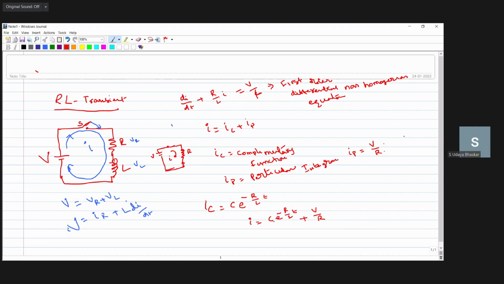To find this equation, here we know R, we know L, and time is the time instant. But we don't know C, the constant value. To find C, we are going to use the initial condition.